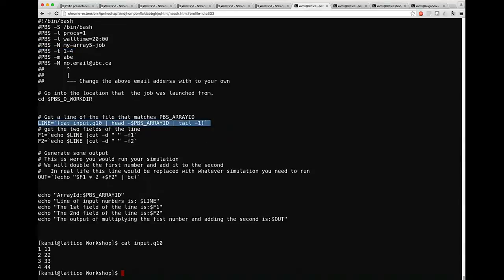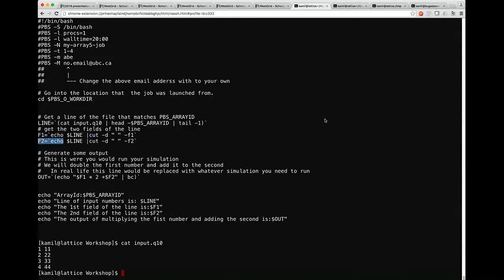It basically uses commands called head and tail to give you the correct line. There's another command called cut, which will give you which field, and we can set field 1, field 2.